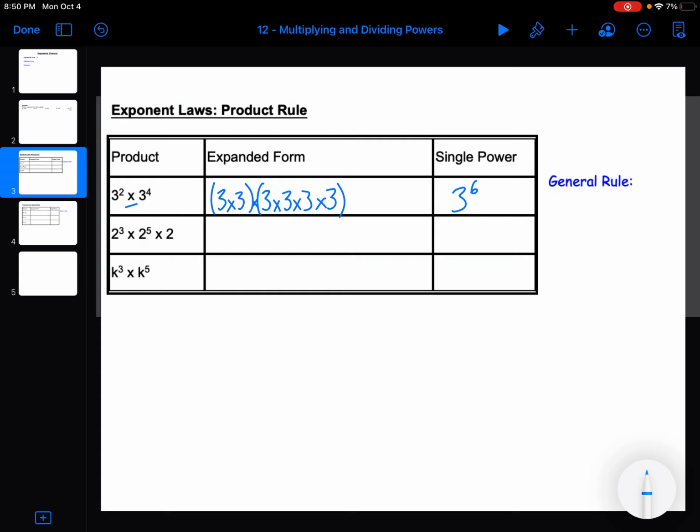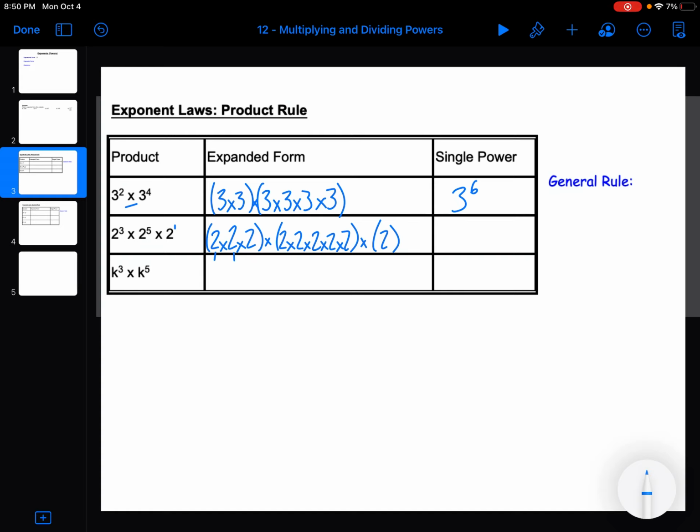Okay, down here, if we were to write this out, we would have 2 times 2 times 2 times 2 times 2 times 2 times 2 times 2 times 2. This is always going to be an exponent 1.